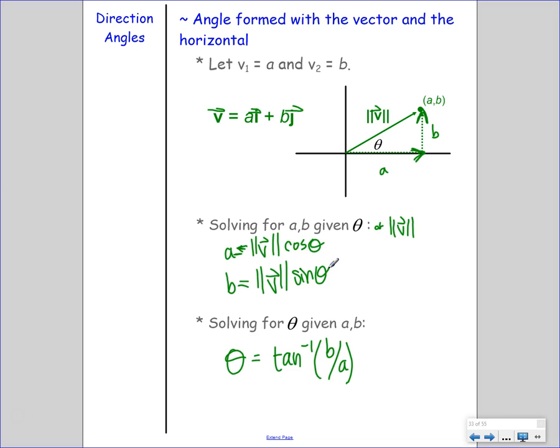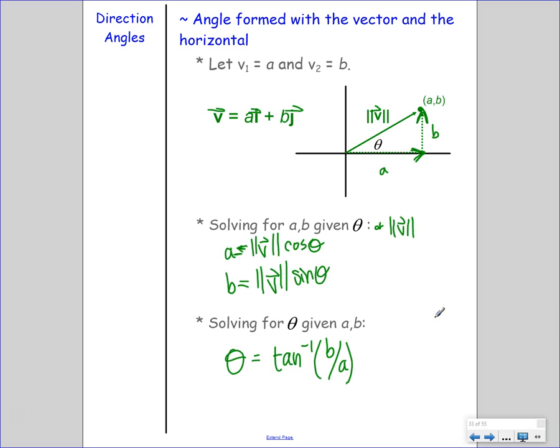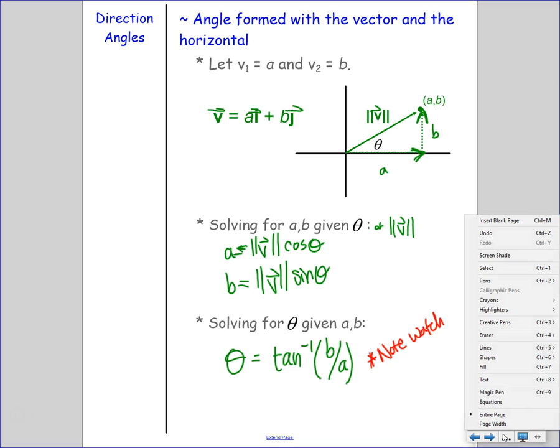Now, for this bottom one, where we are finding theta, I probably should have you do a quick note. Let me make it a different color. Note. Check. Let's change that to check.